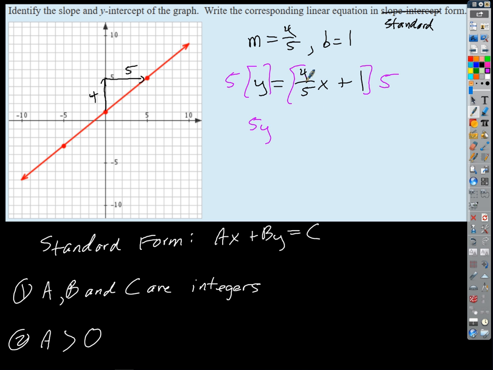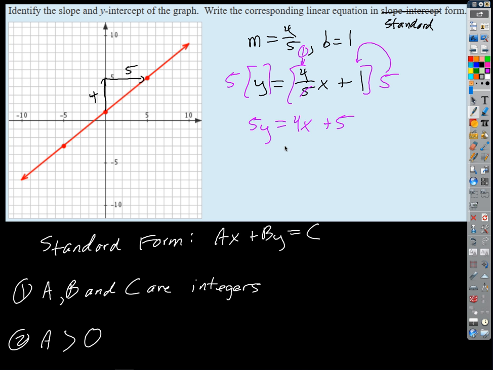If I distribute the 5 here, when I'm clearing fractions, 5 over 5 is what? 1. And so I end up with 1 times 4 is 4x, right? And then if I distribute the 5 to the 1, I just get a 5. Everybody agree?